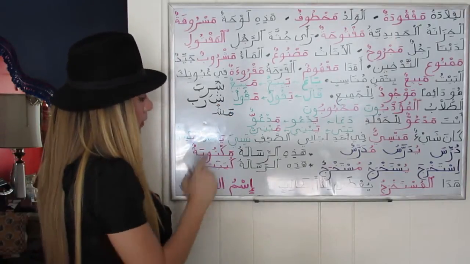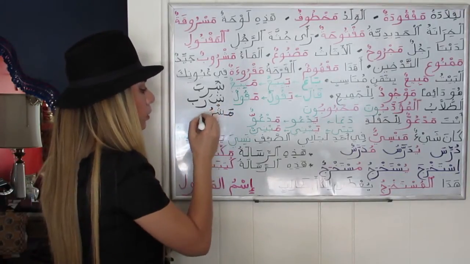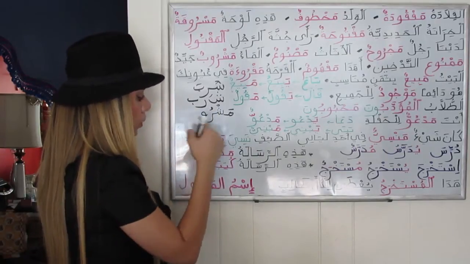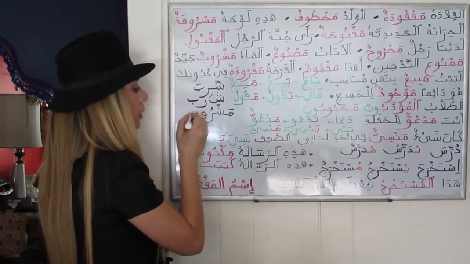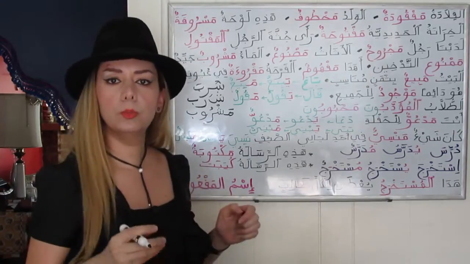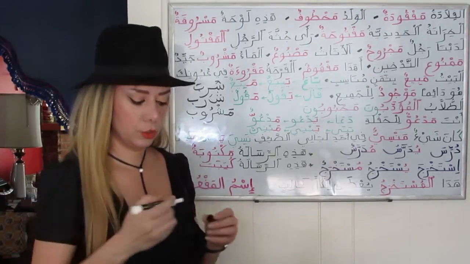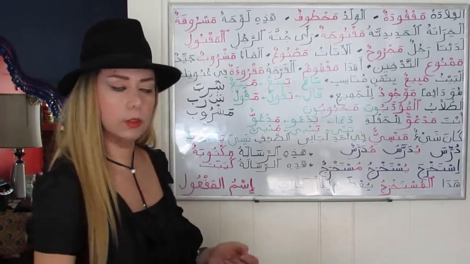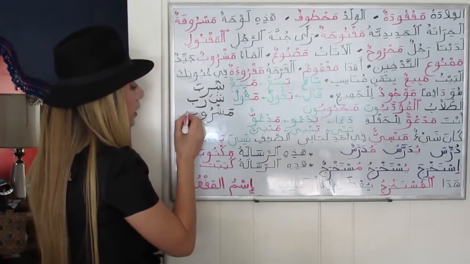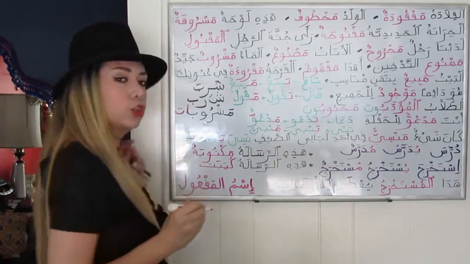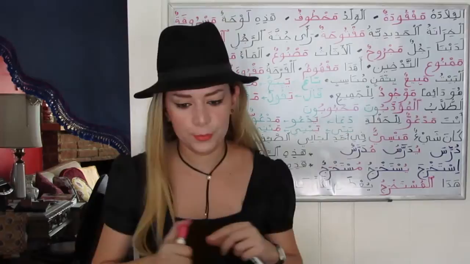And the second radical with dhamma, we add the long vowel waw, and ba. Mashroob, a drink or beverage. And for the plural, we add just the alif and ta. Mashroobat, beverages. So this is the way it works. It can be pluralized, it can be dual, singular or feminine.